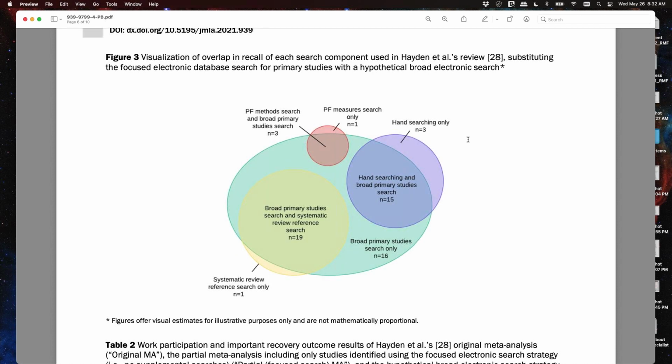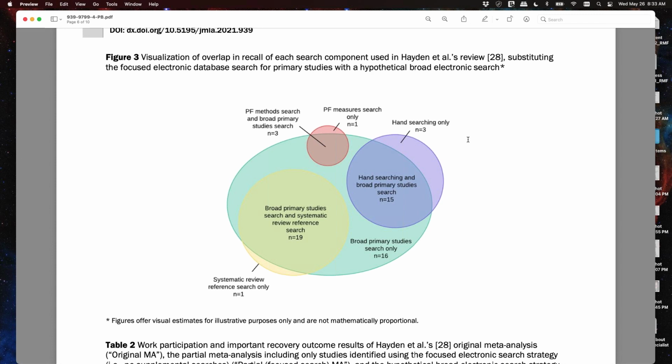So you have to look at the numbers and not so much at the geometrical forms, the size of the geometrical forms of this figure. But basically what you see is that the broad search for primary studies covers many of the studies identified via the other search methods. But of course, this circle should be much broader because it retrieves many other references and can't be really depicted here.